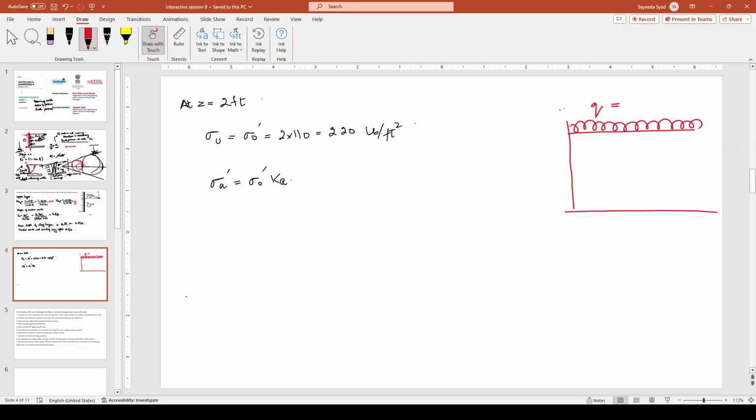Q is equal to 220, and if we draw a diagram for this now, let's draw the earth pressure diagram.